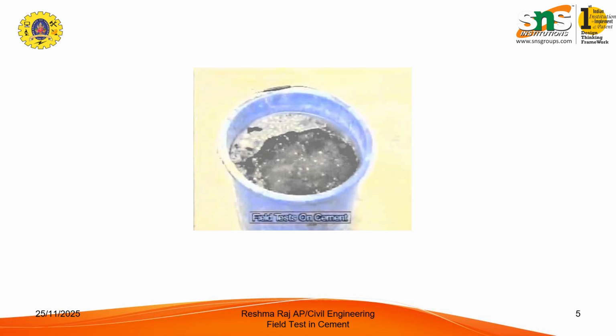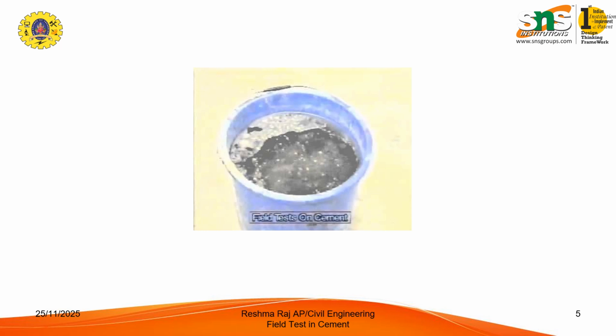So, as I told before, for good quality cement, one of the very simple steps is this. Performing a floating and sinking test, we can ensure that the cement possesses good strength.